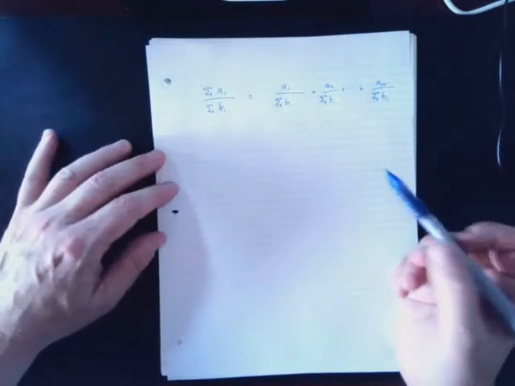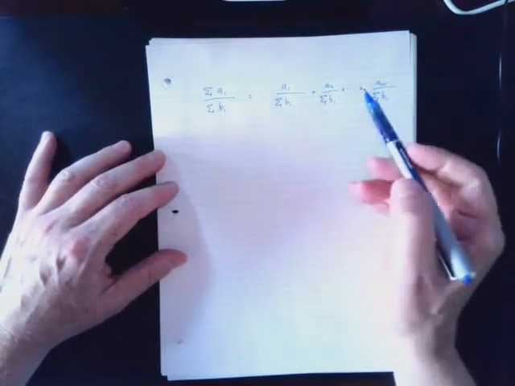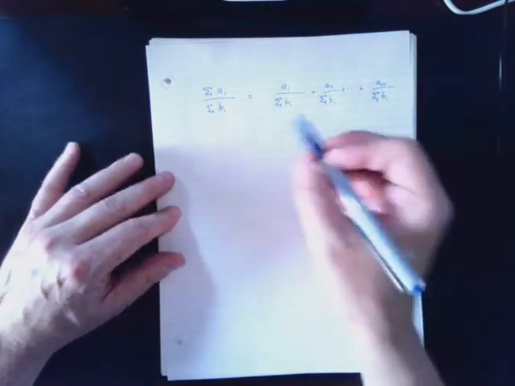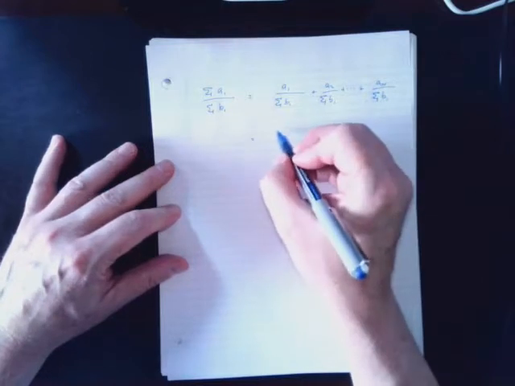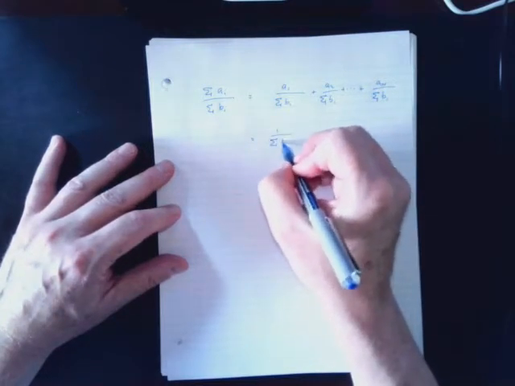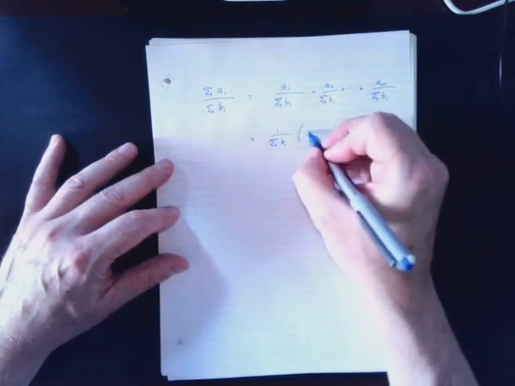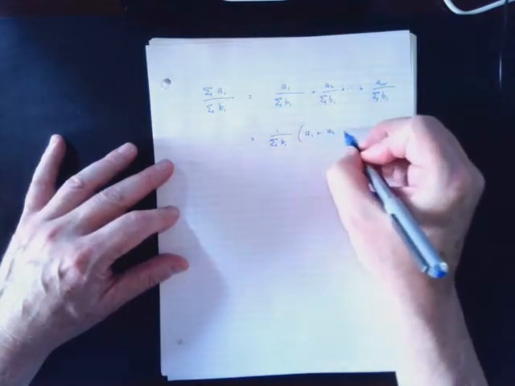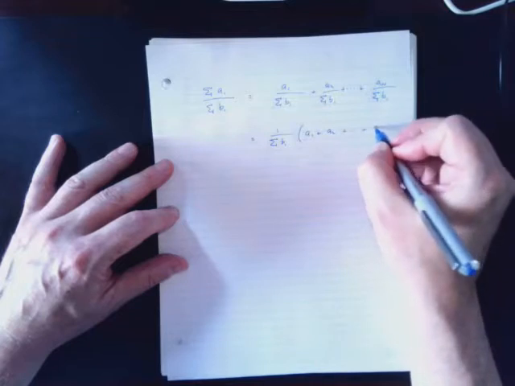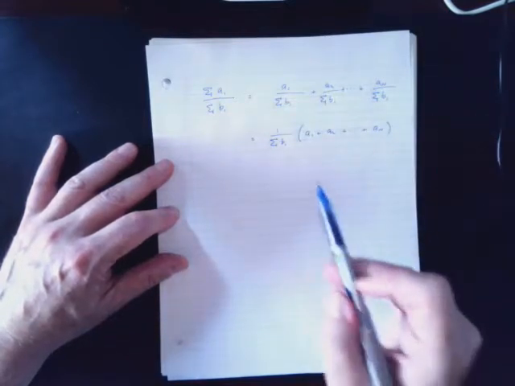Now another thing we can do is factor out the term on the bottom. What I mean by that is if we take 1 over the sum of these b terms and we multiply that by a1 plus a2 plus dot dot dot plus a_n, that's okay.